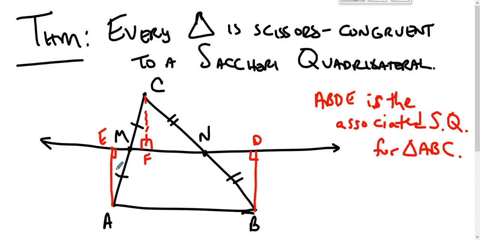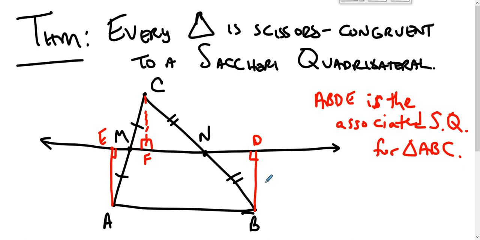It's pretty straightforward that triangle AME is congruent to triangle CMF. And it is also pretty straightforward that triangle CNF is congruent to triangle BND, which means that AE is congruent to CF and CF is congruent to DB. And there you've got an associated Saccheri quad.